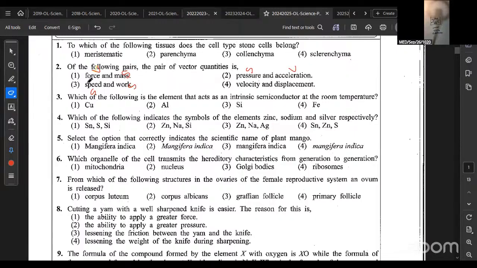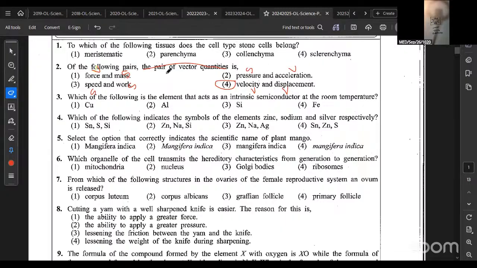Don't be like a pandit and say, I can figure it out at once, if I see the answer I will know. Don't be like that. Take your pencil or pen on the paper and write it, right? Velocity is a vector. Displacement is a vector. So by this, if you read the question after that, the pair of vector quantities would be the fourth one.